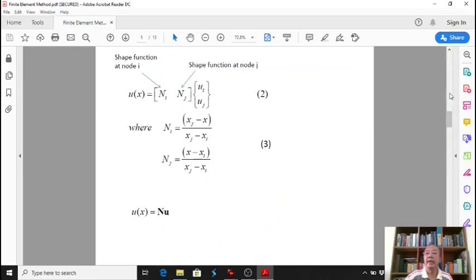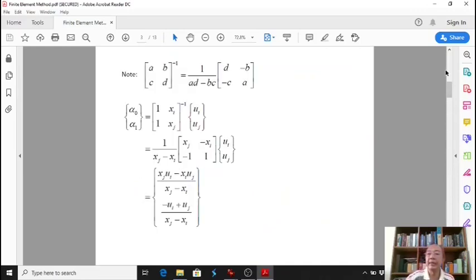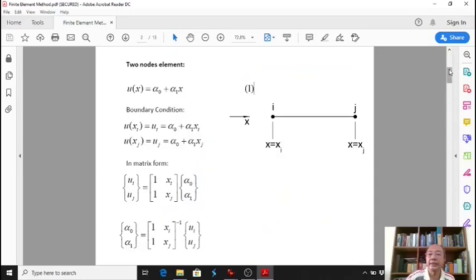Just now we considered an element with two nodes. The same happens if we consider an element with three nodes; we can use the same procedure.